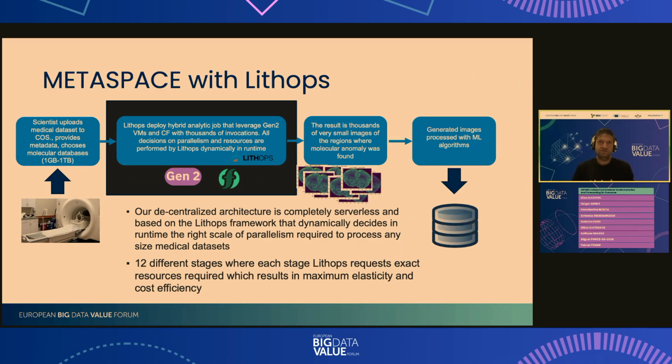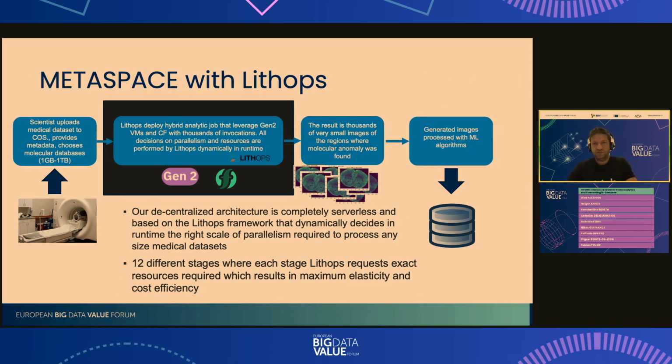Now, why did they have to use this VM? Because they have some proprietary code that they wanted to run on a huge machine with many CPUs and lots of memory. And this is very good. They still have the serverless experience, even if for one of the stages LithOps deploys a VM for them.